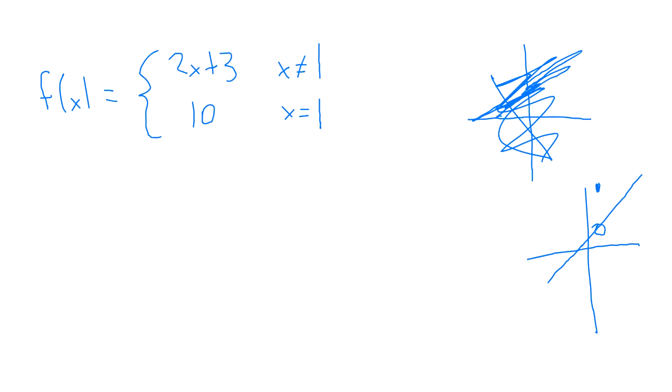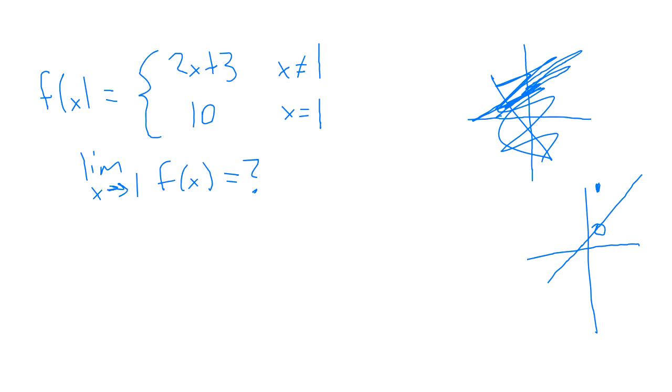So first of all, let's see, does the limit exist at x equals 1, or as x approaches 1, of f of x. And this is also going to show why limits are so important.